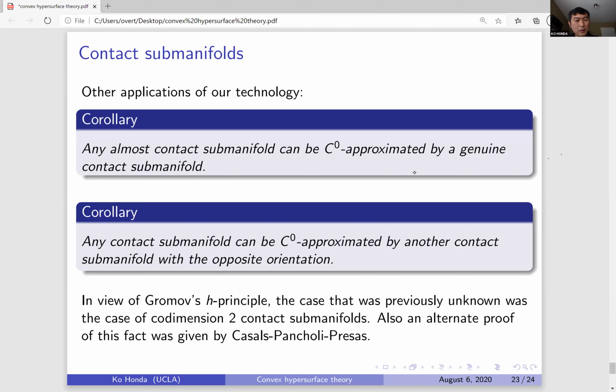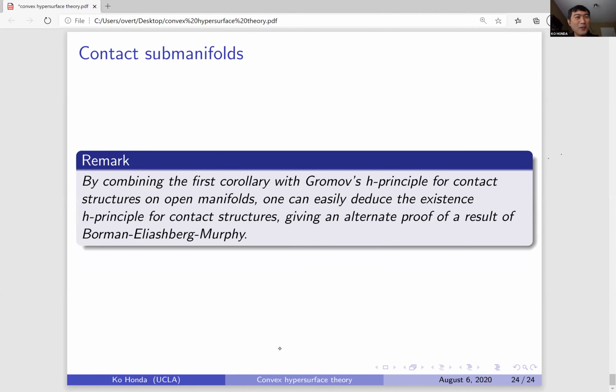In view of Gromov's h-principle, the case that was previously unknown was the case of codimension 2 contact submanifolds. An alternate proof of this fact was also given by Casals, Pancholi, Presas. Since I'm running low on time, there's a corollary, so you can read it. And then there's one more strange remark.